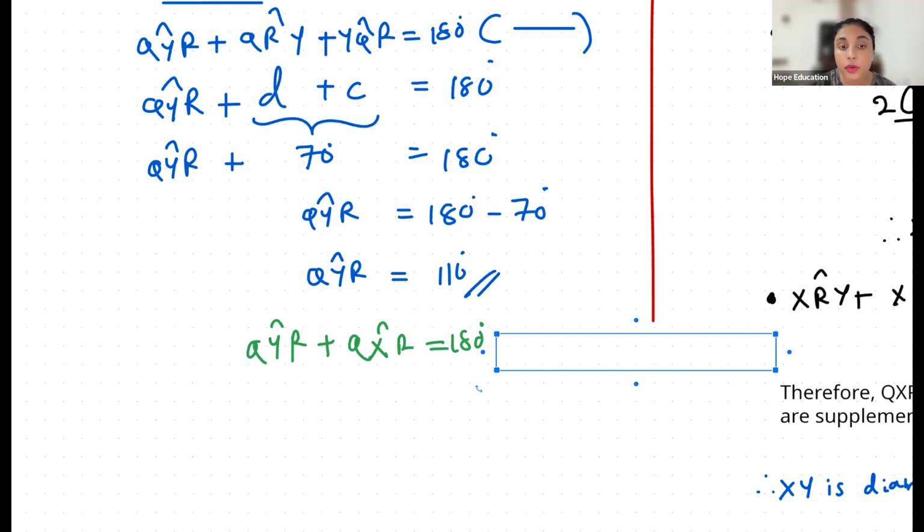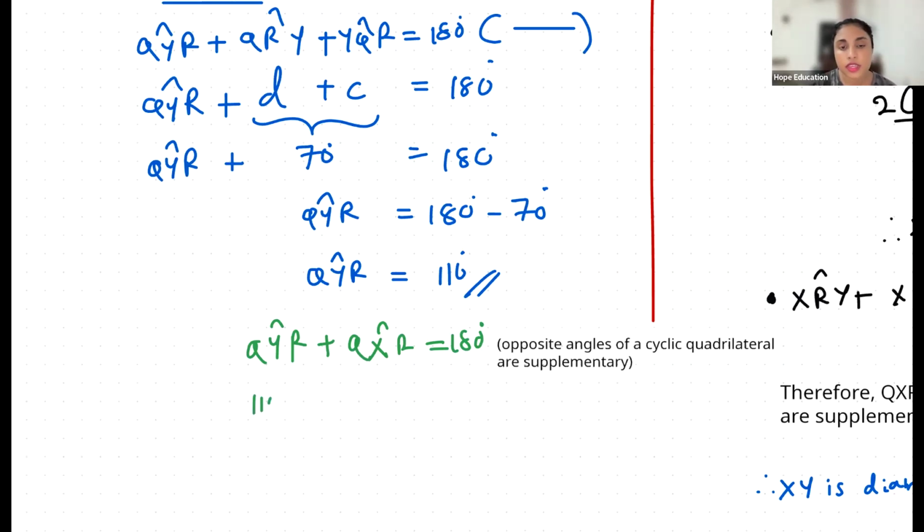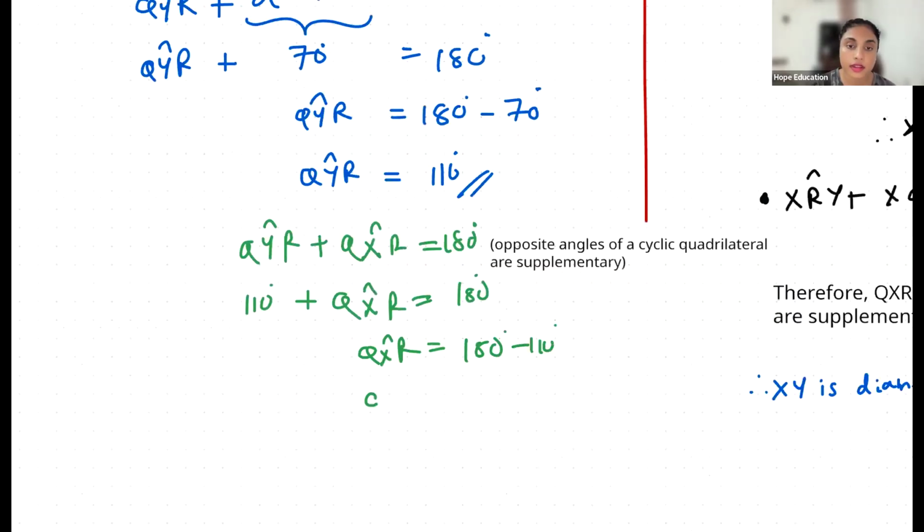And QYR, you know it is 110. So to find QXR, 180 minus 110. So QXR is 70. Did you all get this answer, children? QXR is 70.